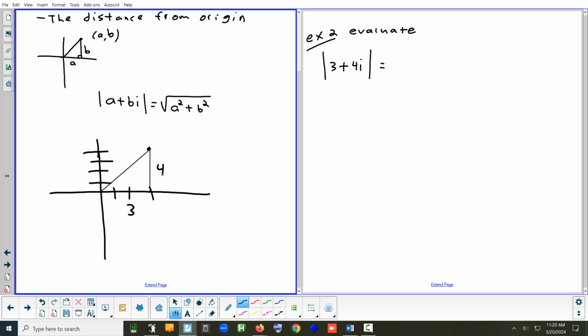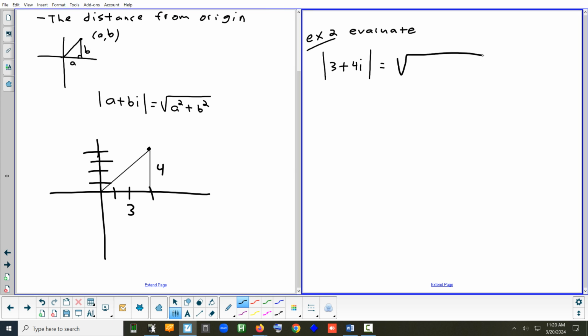Okay, so follow the formula. The square root of, what's a in my case? 3. And what's b? 4. And 3 squared is 9, 4 squared is 16.